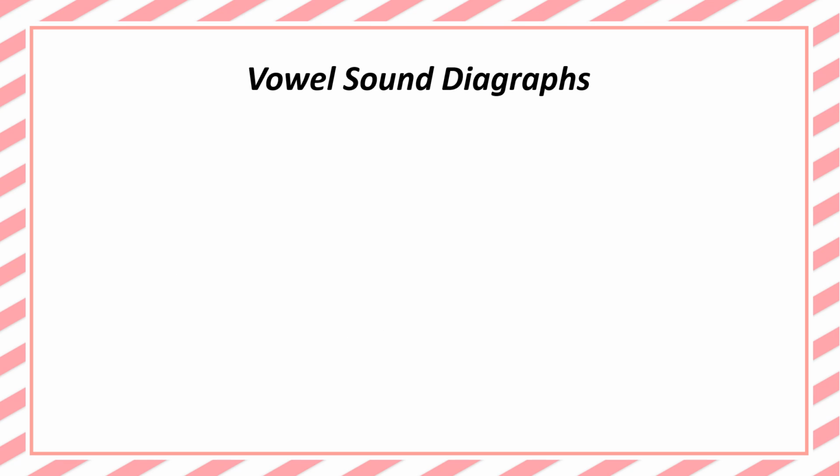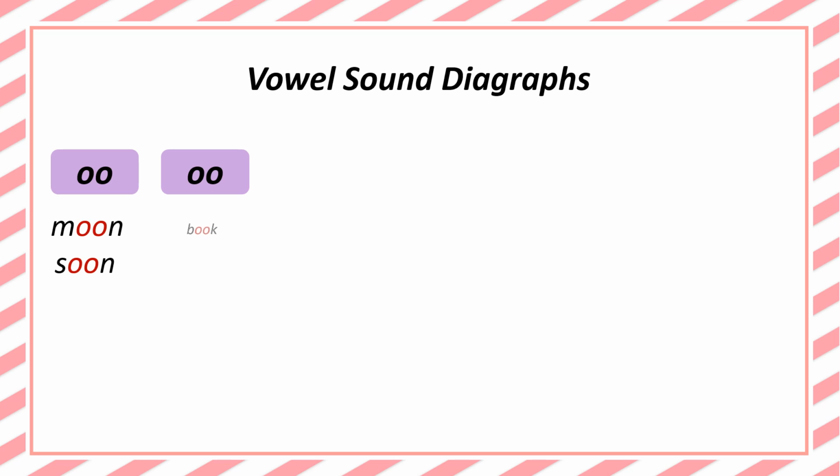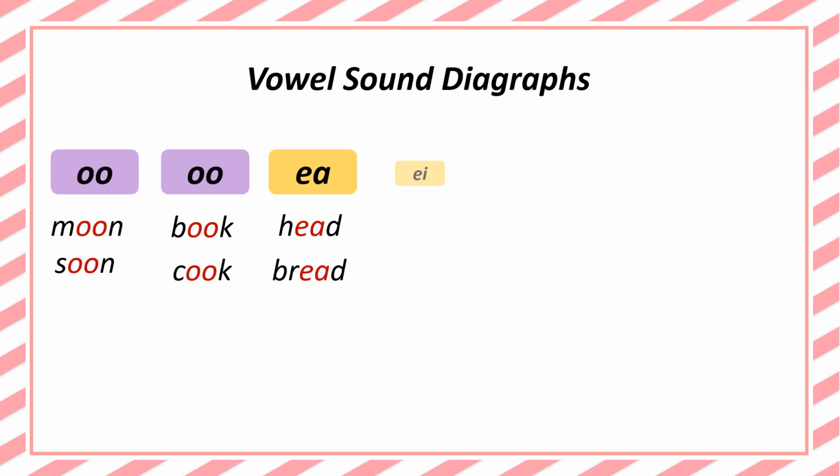Vowel sound digraphs. Let's check out the list of vowel sound digraphs. When OO pairs up, it makes the sound of oo, as in moon, soon. OO together also makes the sound of oo, as in book, cook. EA together makes the sound of e, as in head, bread.